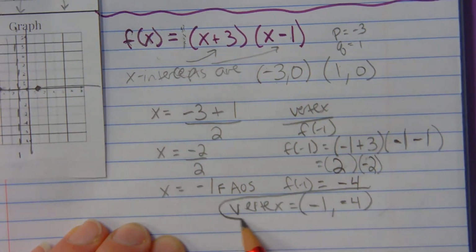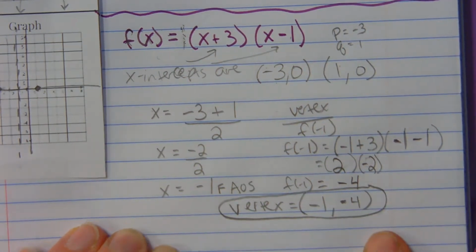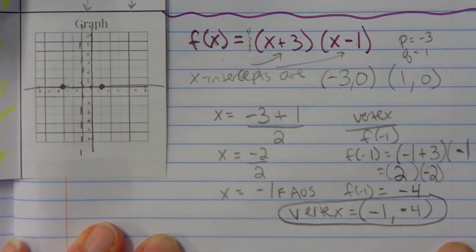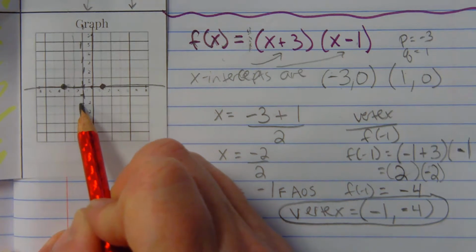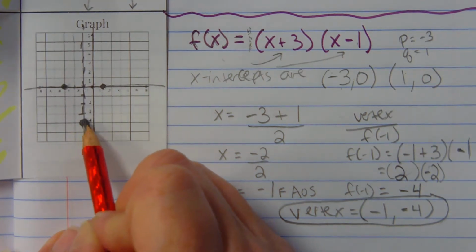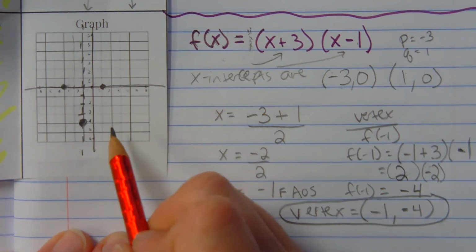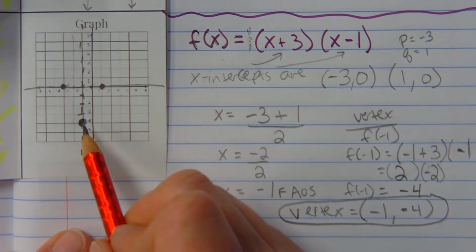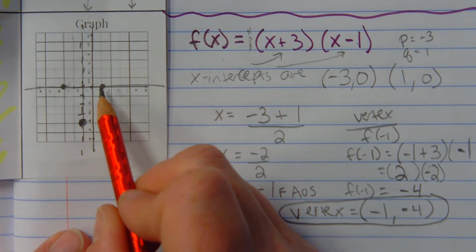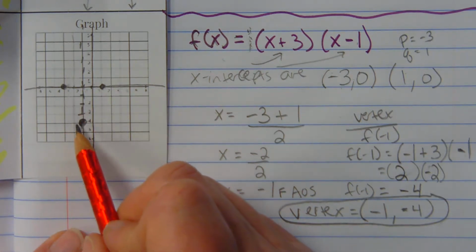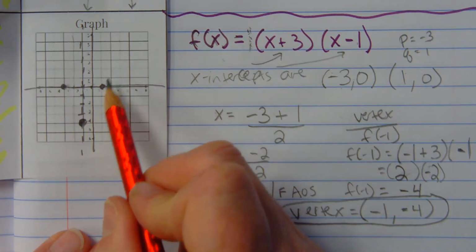And that's my vertex. And so I'm going to go to my graph, and I'm at negative 1, negative 4. So 1, 2, 3, 4, right here. And remember that we're not making V's, we need a parabola, so it's easiest to find the points between these two, and that's going to help us make a nice U shape and not a V shape because it's not absolute value.